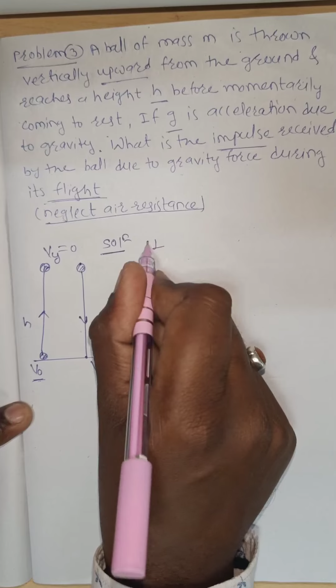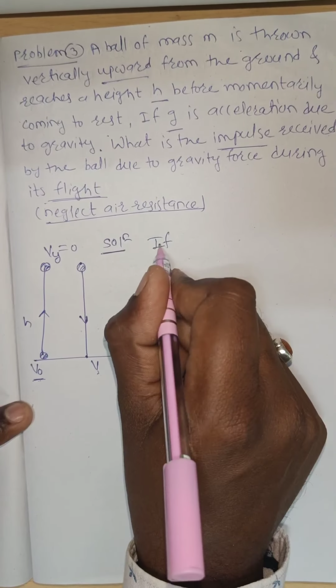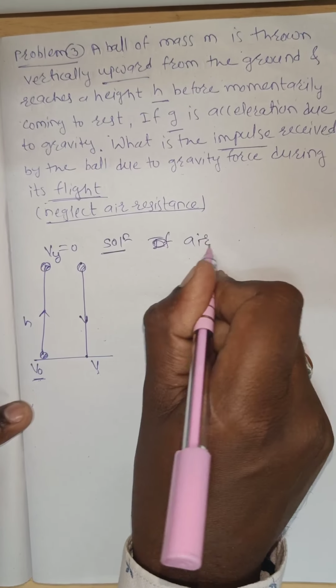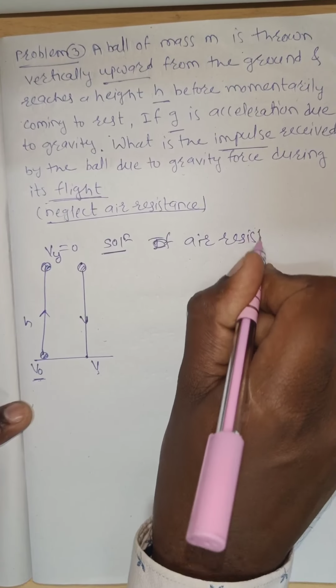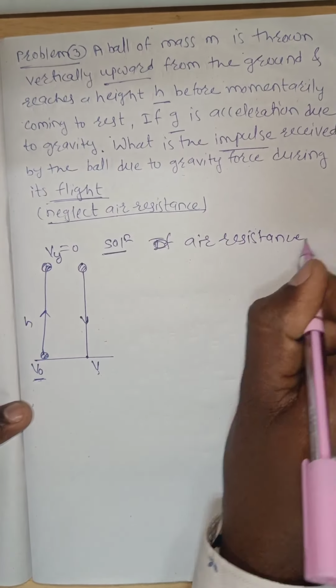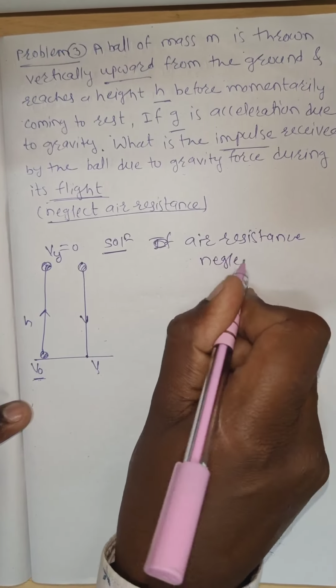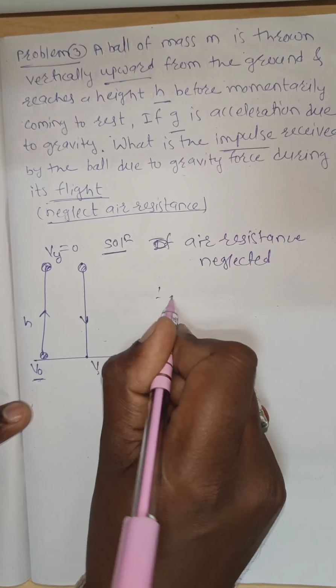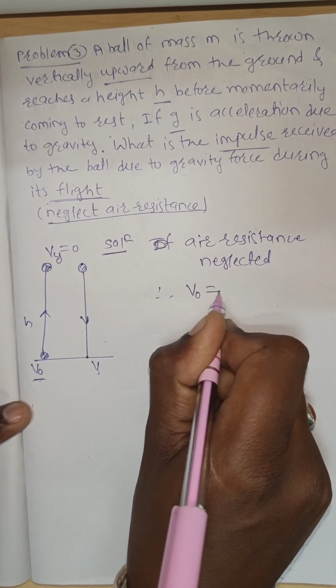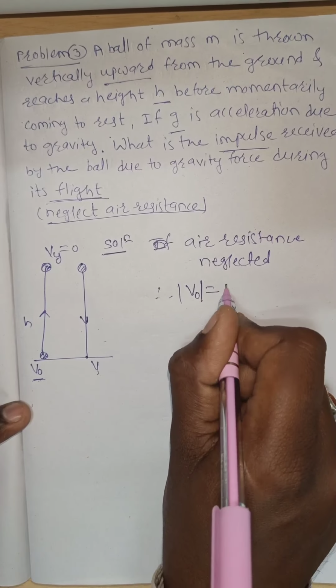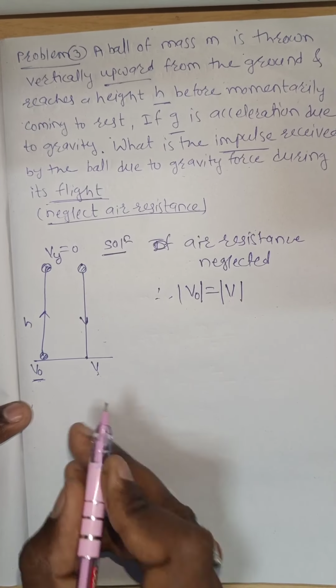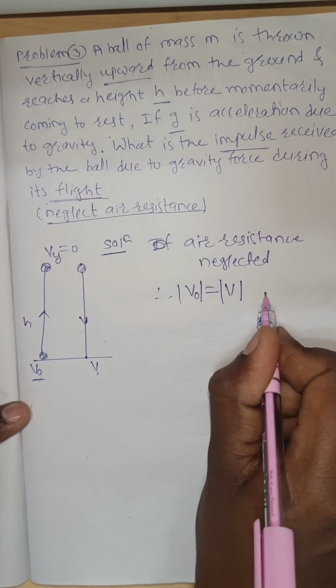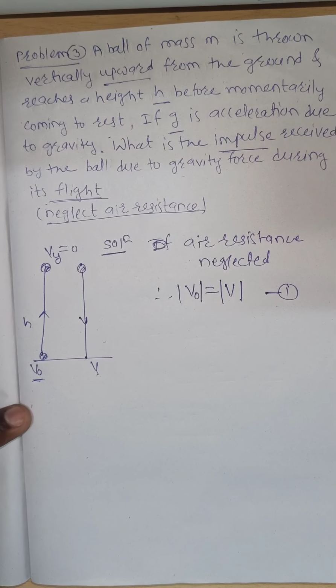Here air resistance is neglected. Therefore the magnitude of the initial velocity is equal to the magnitude of the final velocity. This is equation number 1.